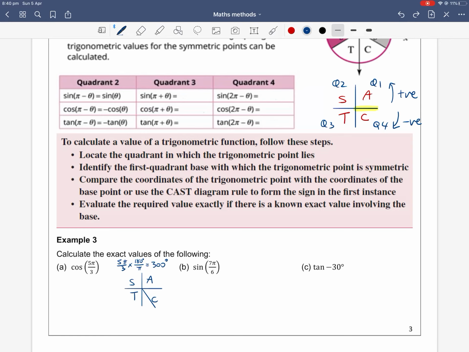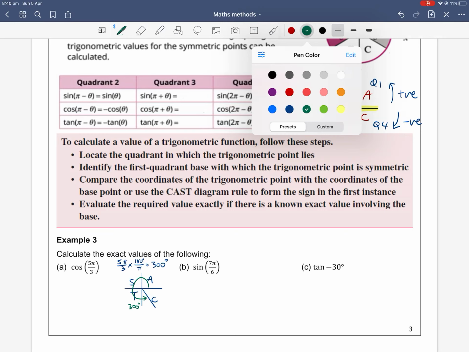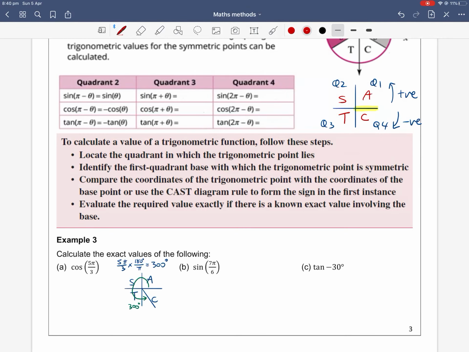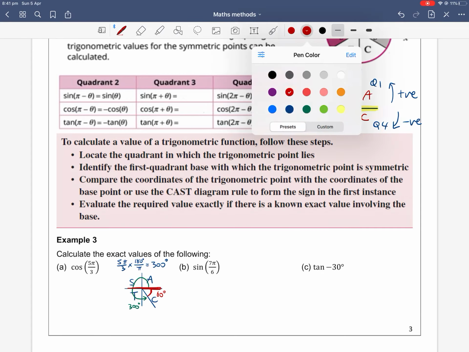Starting from the positive x-axis and going 300 degrees, it's in quadrant 4. So that's 300 degrees there. We need to work out the little angle from the horizontal x-axis. If that's 300, that little angle there would be 60 degrees.